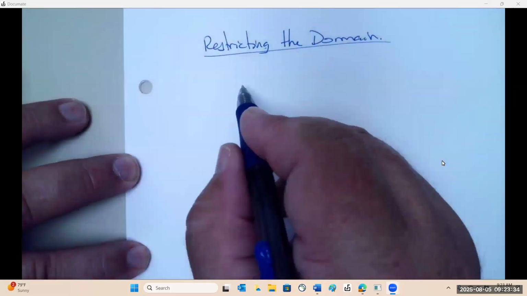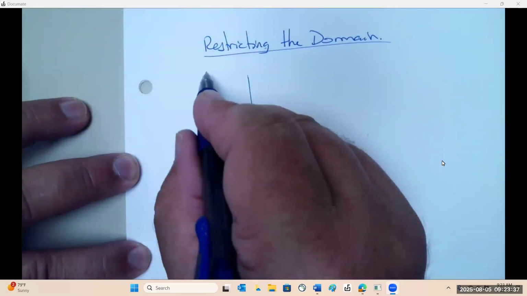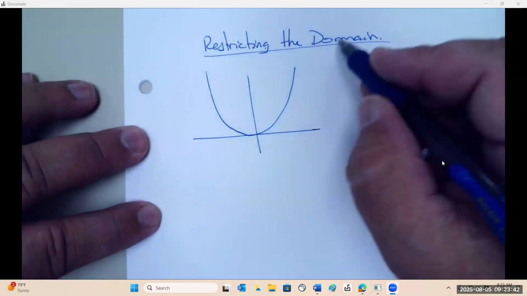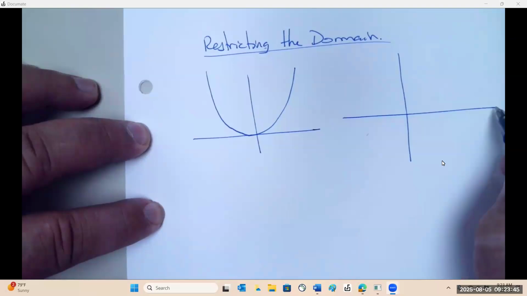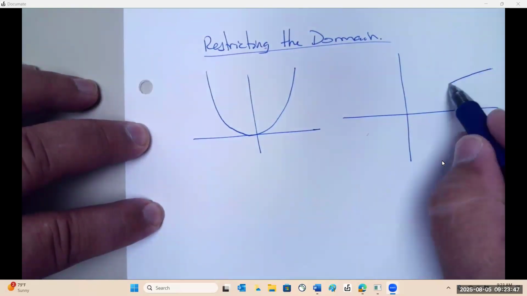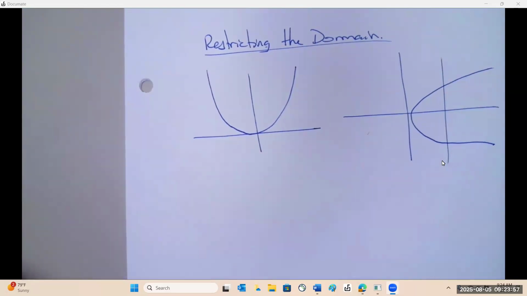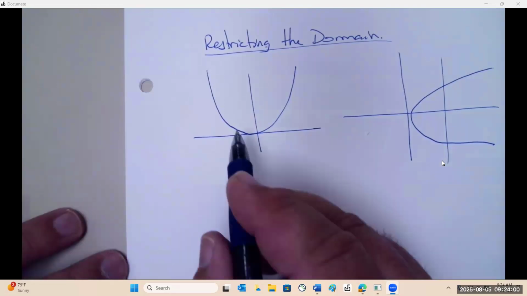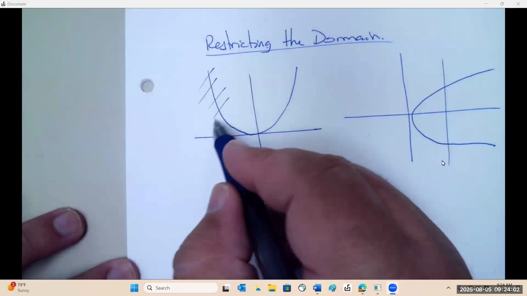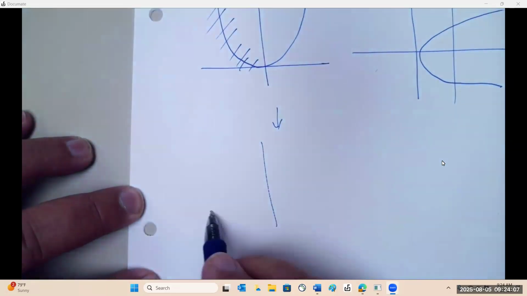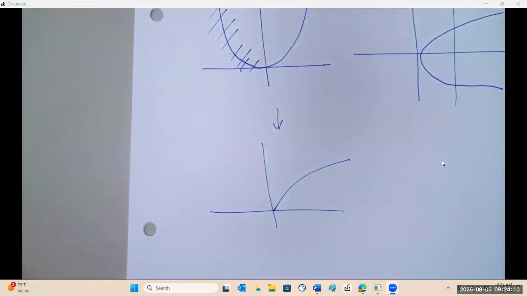The reason it won't work otherwise is because x squared looks like this over the entire domain. If we flip it across the line y equals x, it would look like this. That's not a function anymore because it violates the vertical line test. That's why if we restrict the domain, if we don't look at any negatives, now it's one-to-one.